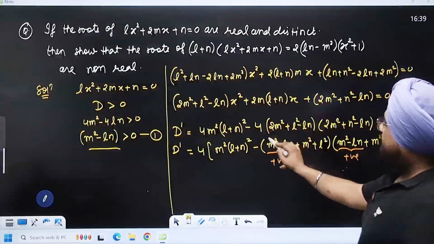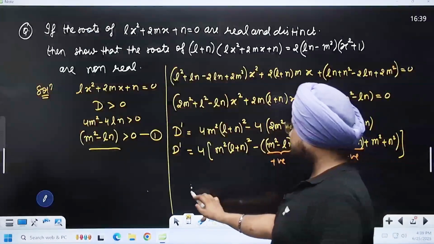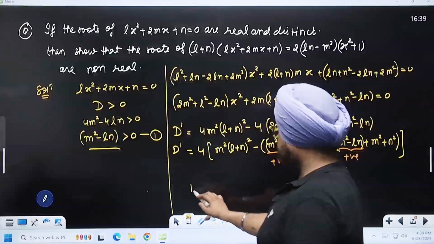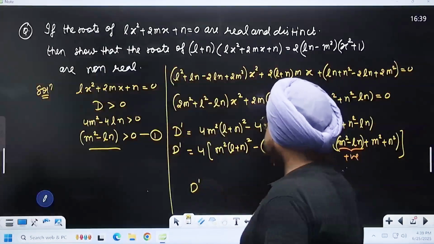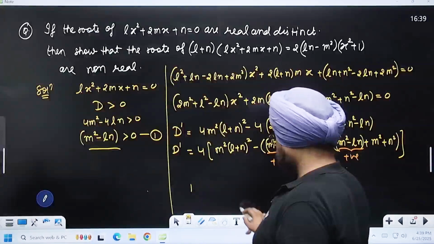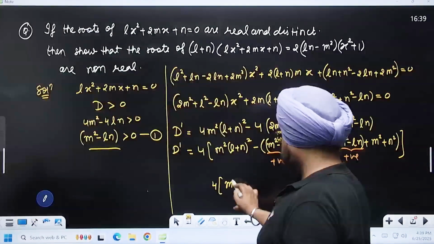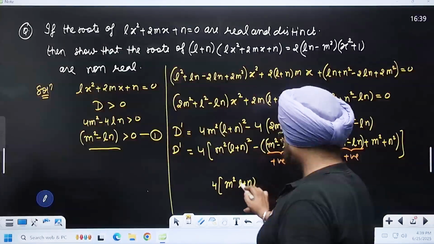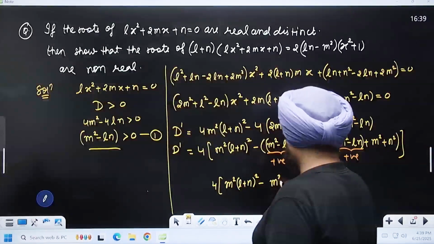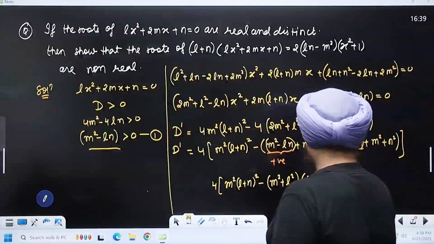So if I remove this expression from d dash, I can write d dash as 4 times m square into l plus n square minus m square plus l square into m square plus n square.